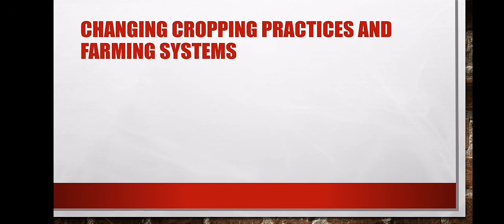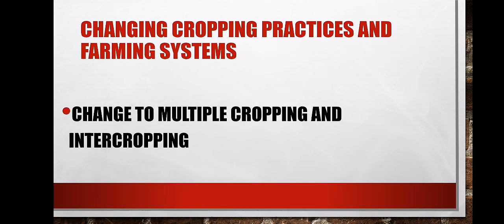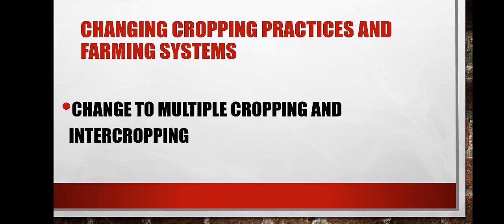We can do changing cropping practices and farming systems. In this case, it's the one that I highlighted, and say change to multiple cropping and intercropping. You have multiple cropping or double cropping, whereby you have crops that you can plow in summer and crops that you can plow in winter.